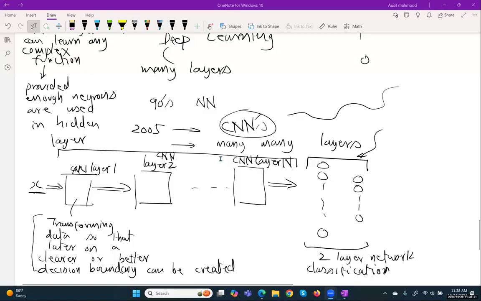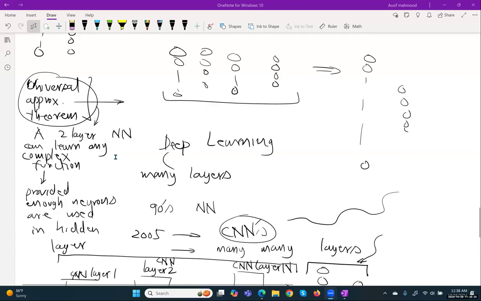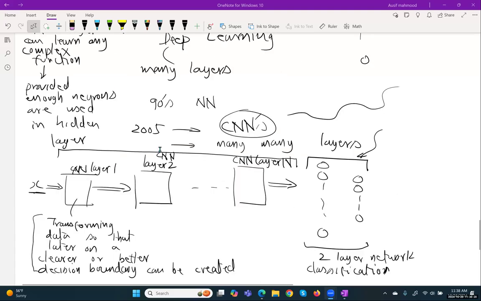Okay, so the next topic we were going to cover is, as we discussed, now that our foundation for neural networks and their training and learning is done, we can move to the intermediate level of deep learning, which is convolutional neural networks.